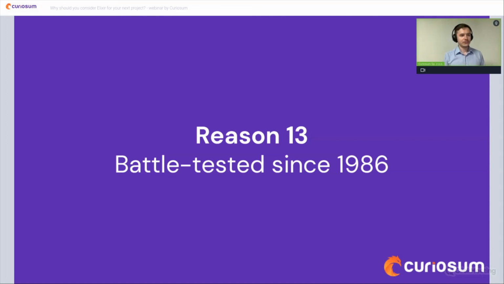So if you ever used a phone, the chances are it was powered by Erlang software. And the same applies to the web, because if you think this through, telephony is not that much different from the internet. It's just a net of devices connected to each other. And why not put something that works in telephony into the web experience? So that's why I would say Elixir is a very stable and reliable platform for web development, because it was battle tested in telephony with Erlang.